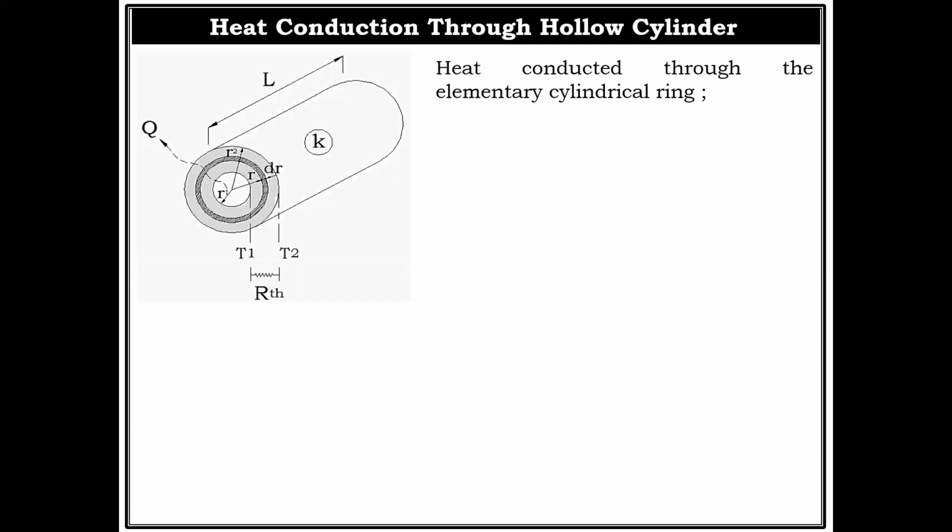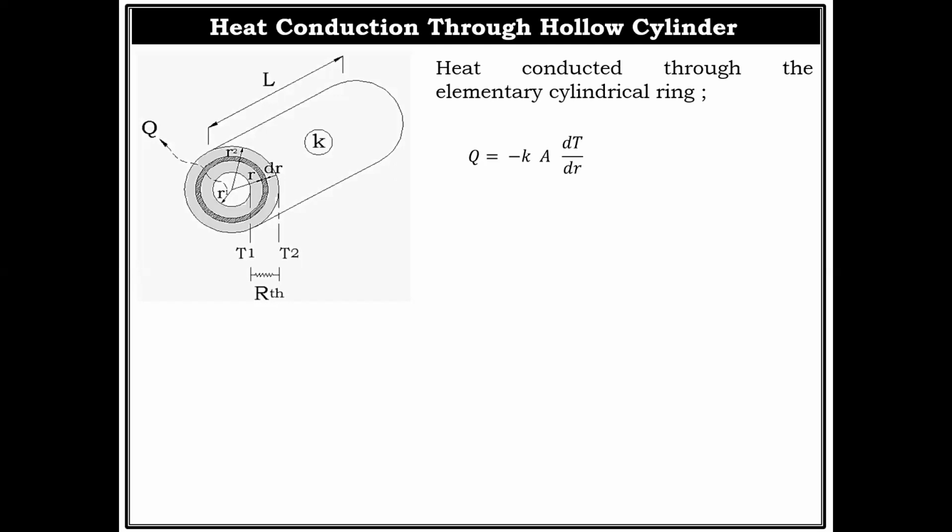To solve this, we are considering one cylindrical elementary ring which is at radius r, and that ring thickness is dr. That dr is nothing but the path length of Q when heat is transferring through this elementary ring.